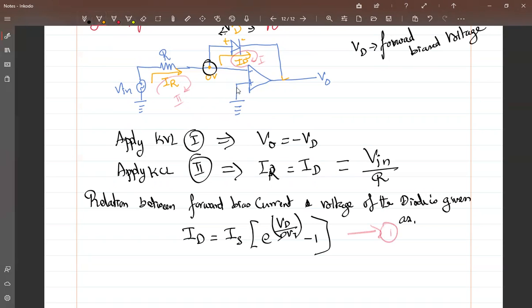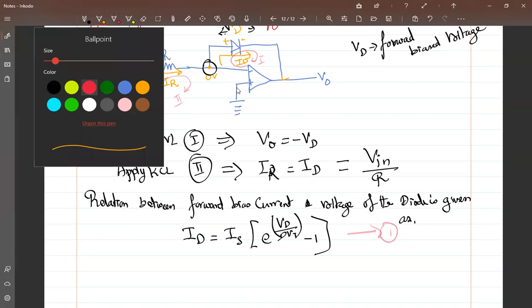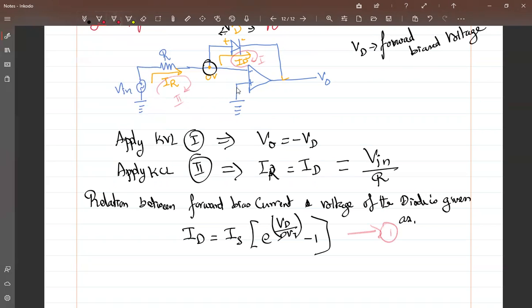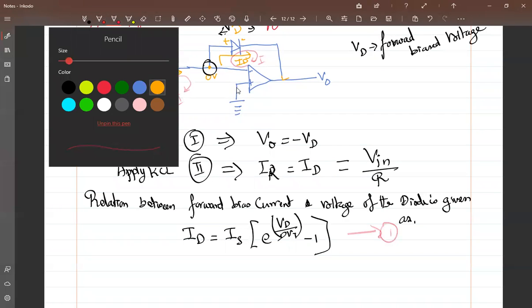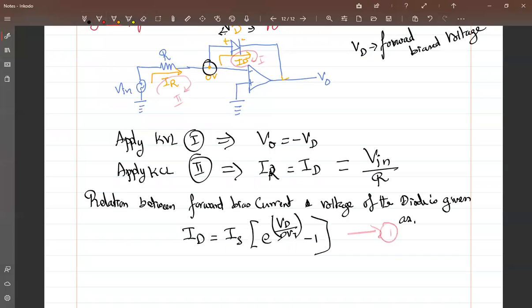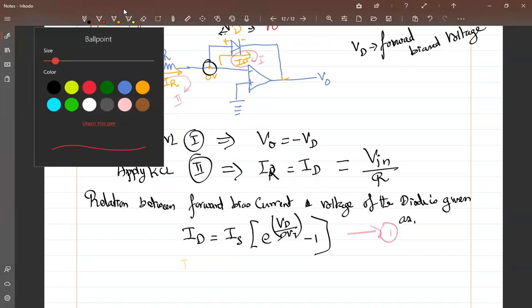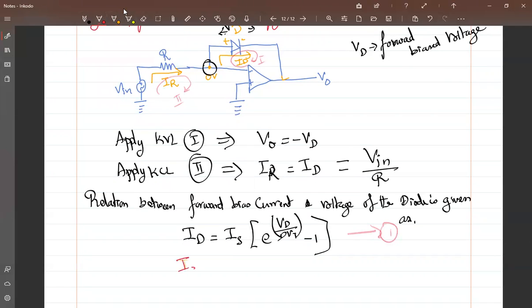In this equation, IS is the reverse saturation current, and VT is the thermal voltage.